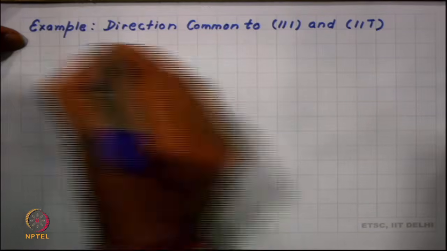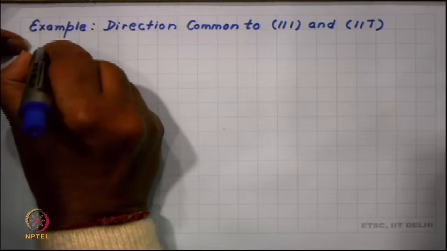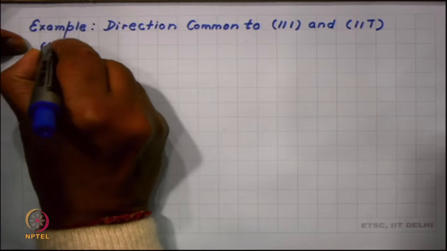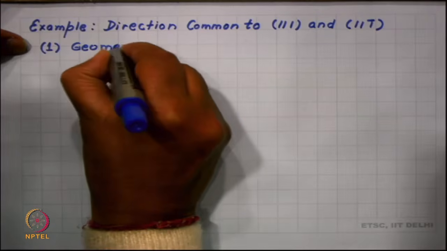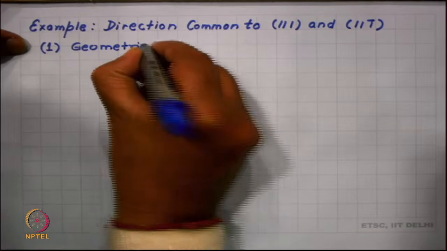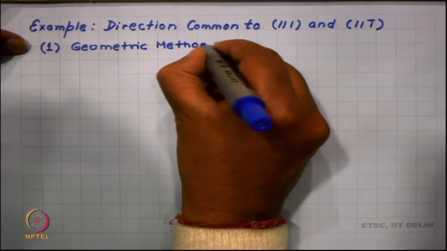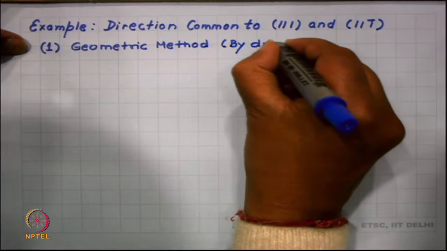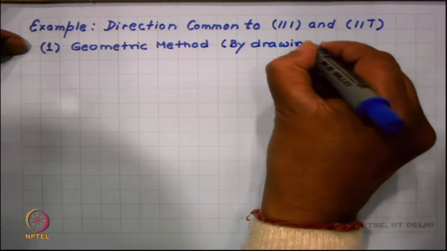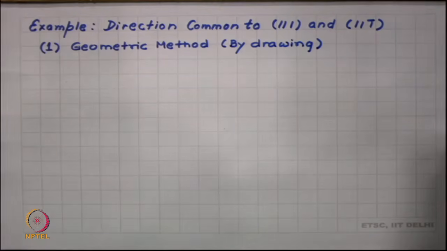I will do it two ways. The first will be the geometric method, that is by actual drawing, and the second will be the algebraic method by use of Weiss Zone law.